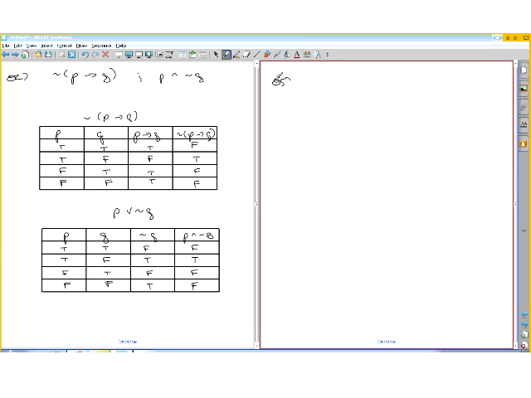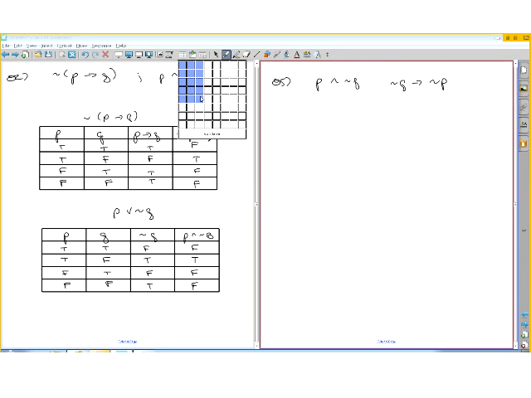Okay, let's look at 85. So we have P and not Q, and we have not Q, then not P. If not Q, then not P. So again, we have two variables, and so we need 5 columns.